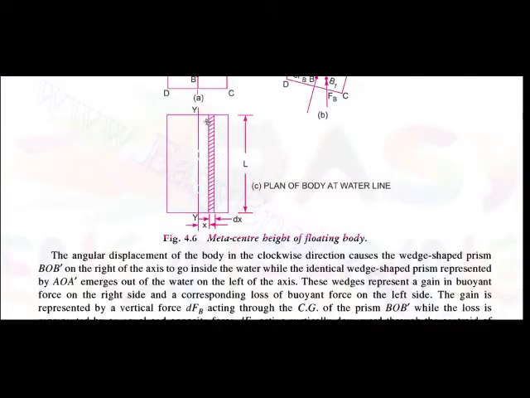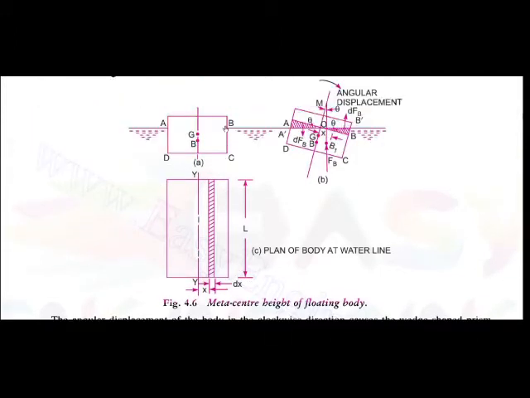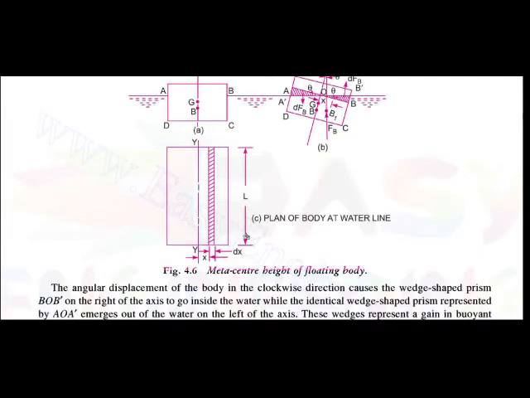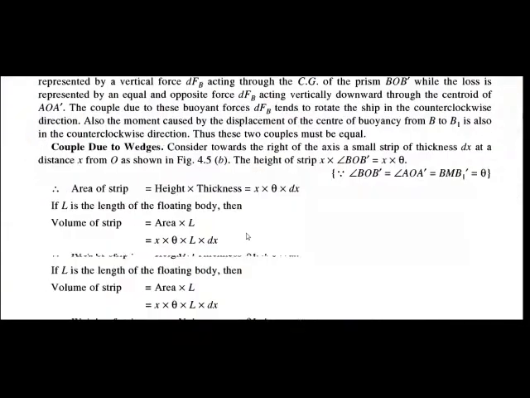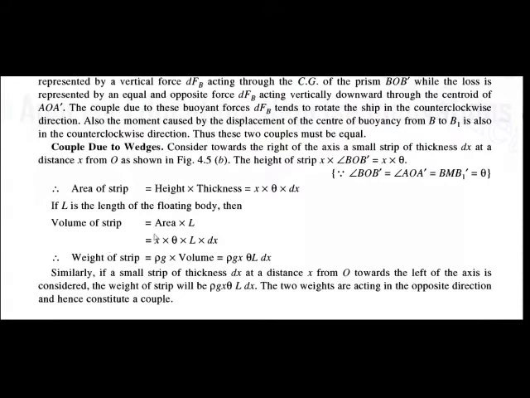You can see we are considering this strip, and this floating body has a length L. So the volume of the strip is equal to area into L, that is x theta L dx.